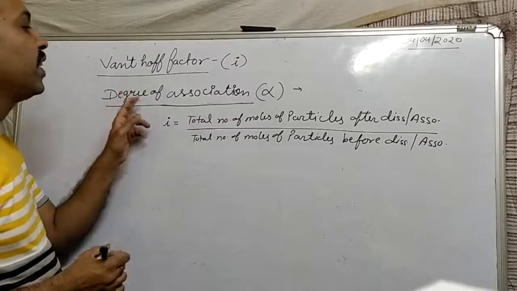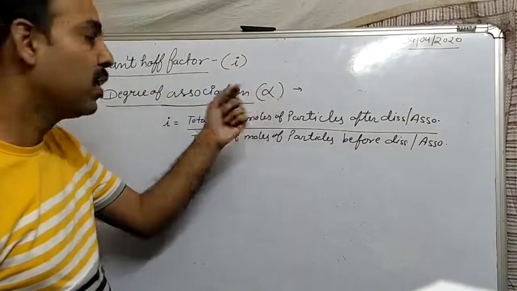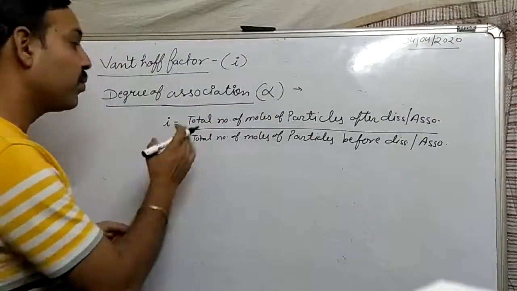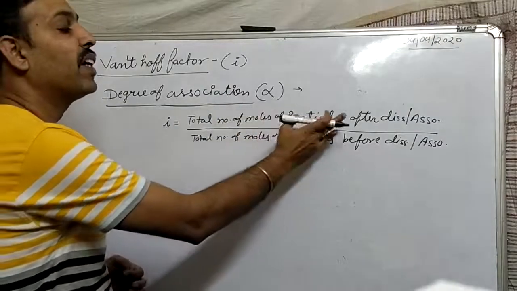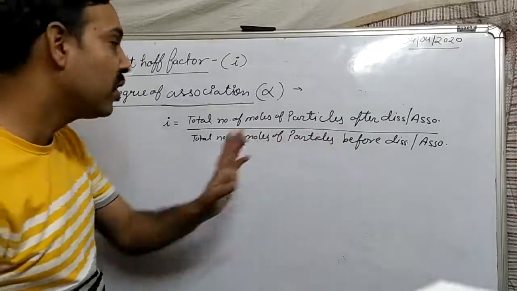Now the degree of association, it is also denoted by the term alpha. So the formula of i is total number of molecular particles after association divided by number of particles before association.